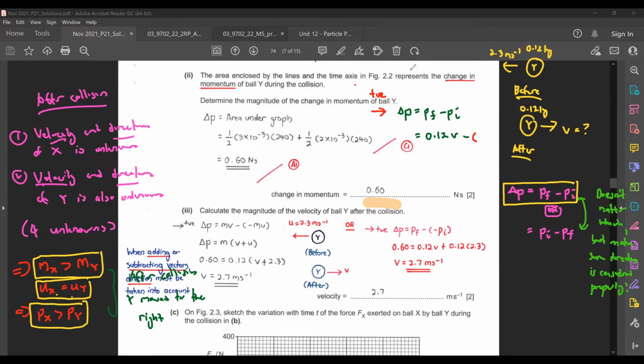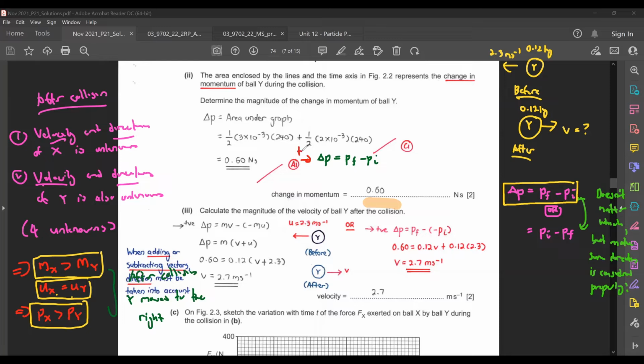This one would be 0.12 times negative 2.3. Let me find a better place to write it. I'll write it at the bottom here. Change in momentum is final momentum minus initial momentum.